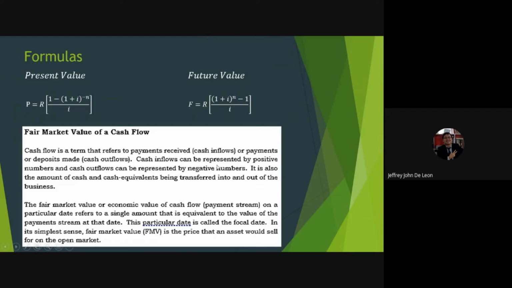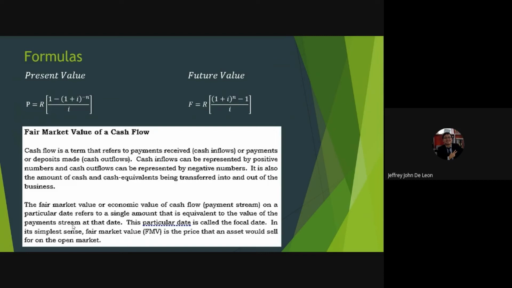Cash inflows can be represented by positive numbers, and cash outflows by negative numbers. It is also the amount of cash and cash equivalents being transferred into and out of the business. The fair market value or economic value of a cash flow payment stream on a particular date refers to a single amount that is equivalent to the value of the payment stream at that date. This particular date is called the focal date.